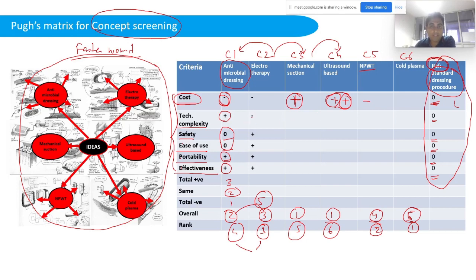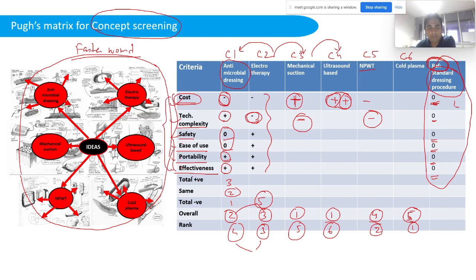Similarly, if something is negative, and a feature in another concept is also negative, there is no way we can figure out which is more negative. And when we add up these things, we consider all of these criteria of equal weightage, and that generally does not happen in a practical case when we select concepts.